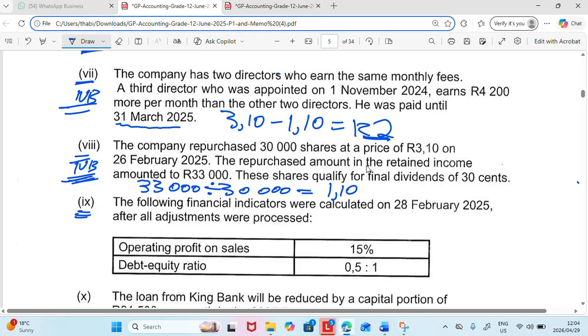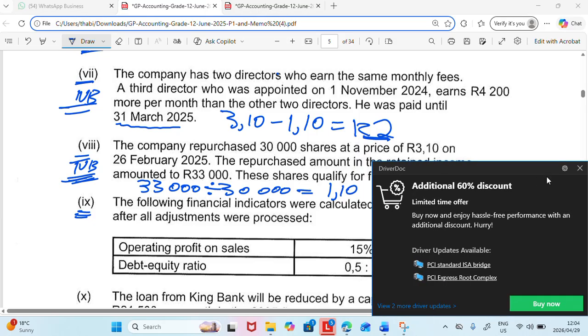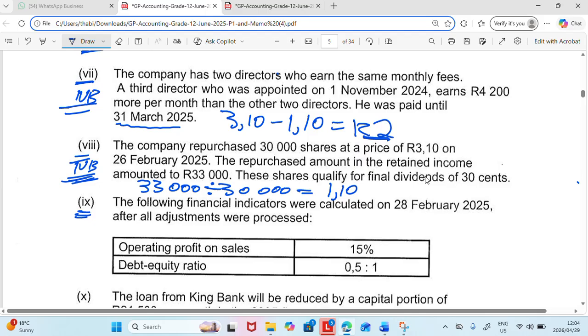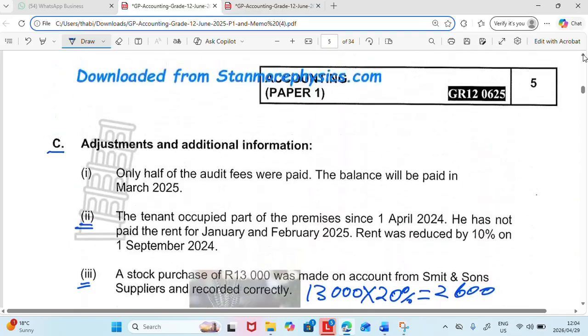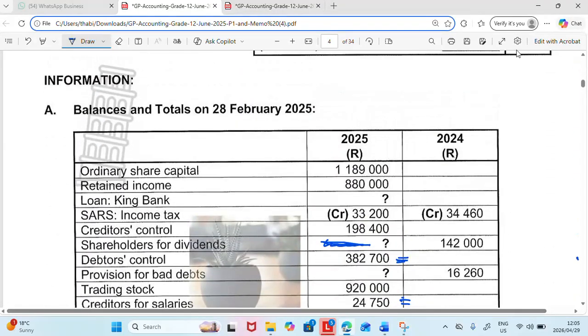So we want to know the actual number of shares that we have at the end of the year. But I want you to read the last part of that adjustment. These shares qualify for final dividends of 30 cents. We have the average issue price of R2. So let's go to our ordinary share capital from the list of balances. From the list of balances, we have ordinary share capital of 1,189,000.